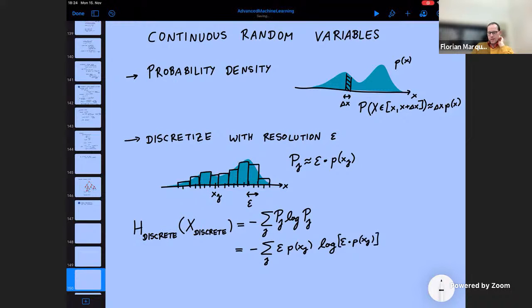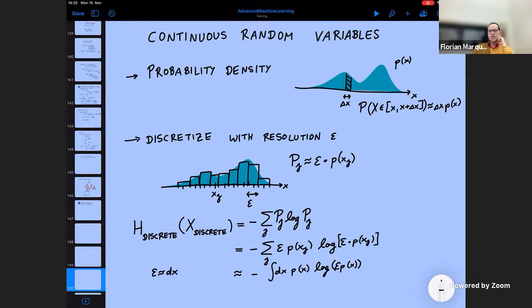So the first thing is, if I like, I can say my epsilon is a little bit like a dx, as if I'm doing an integral by a Riemann sum. So I could say this is something like minus the integral dx p of x log of epsilon p of x. Yeah. So if epsilon is small enough, this will be good.